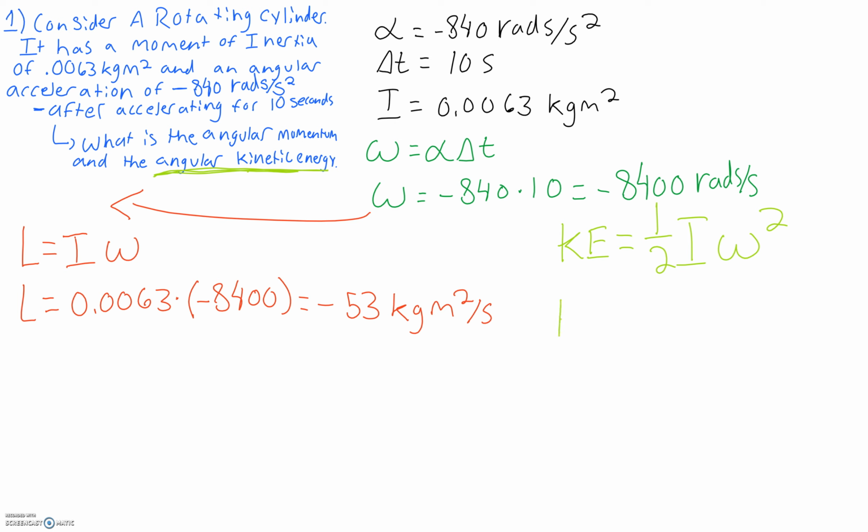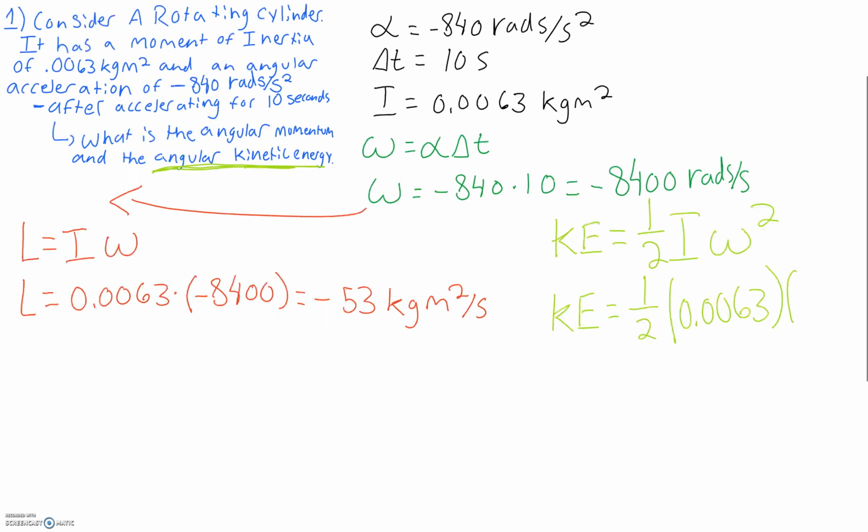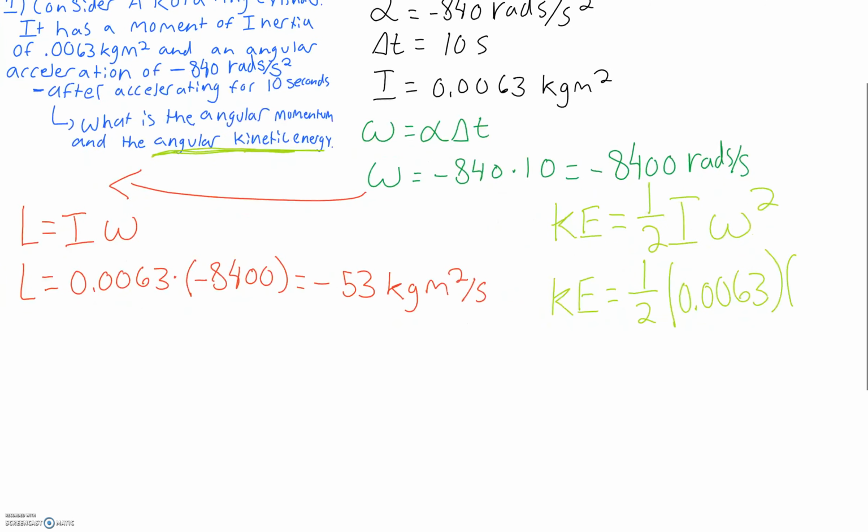So KE is equal to 1/2 times 0.0063 times negative 8,400 squared.